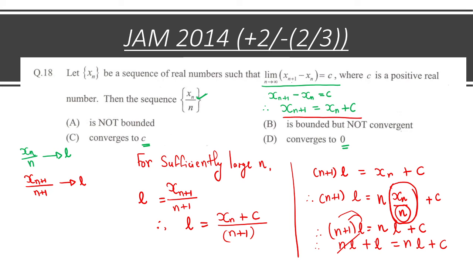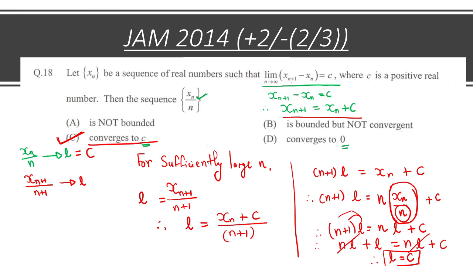I can cancel this too. So what I'm left with is L equal to c. That means where the sequence is converging, that point is the same as c, and option C, that is converges to c, is the correct answer.